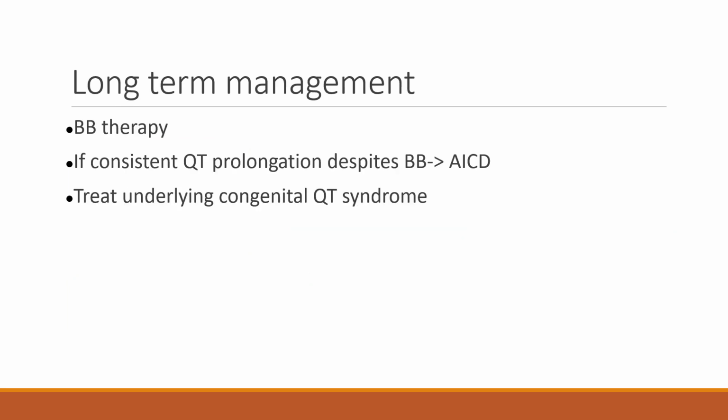So you probably give him beta blocker therapy. If his QT prolongation is still happening despite the beta blockers, it means he's probably at high risk of another persistent sustained ventricular tachycardia. You have to consider giving him an AICD. So this is the ultimate option.